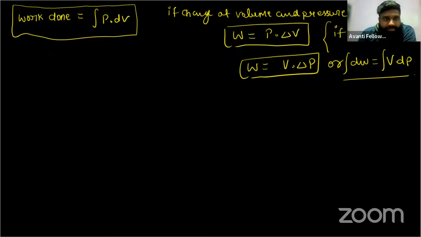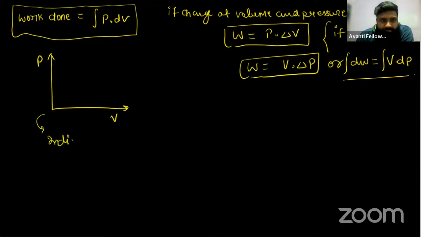There is also an indicator diagram, which is drawn between pressure and volume. What is the characteristic of the indicator diagram?